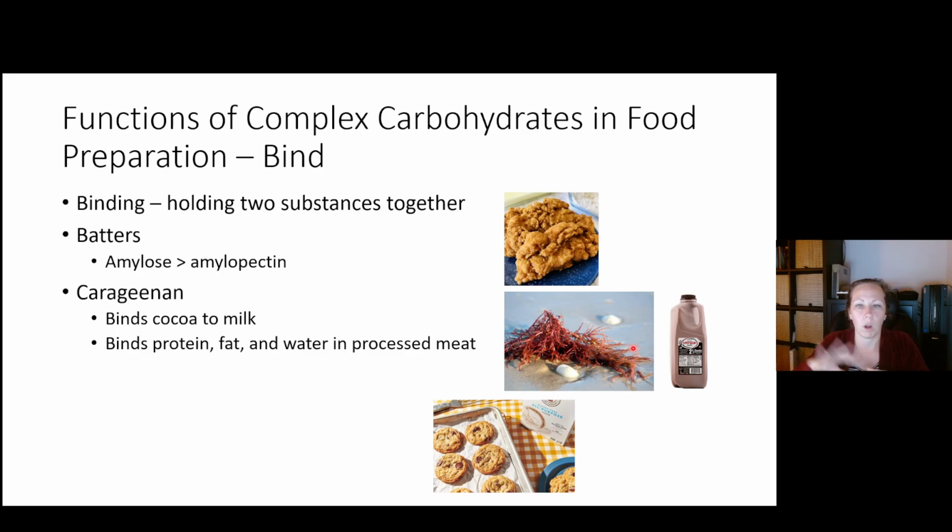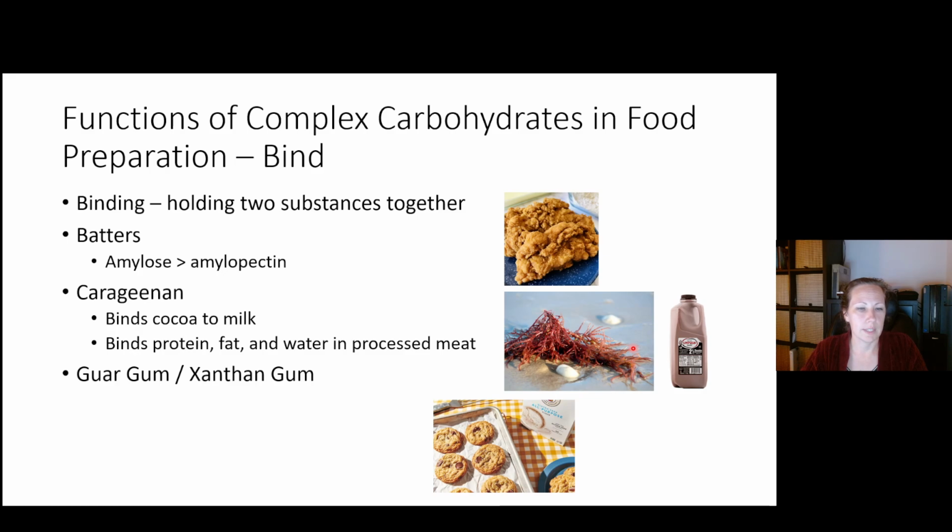And so you don't have water coming out, whether it's during cooking through evaporation, or just if you had something sitting and it exudes onto your plate or in your storage container before you cook it or whatever. So carrageenan is a good binder.